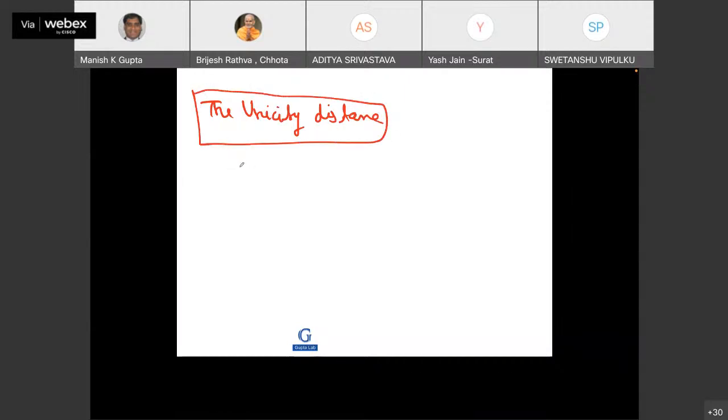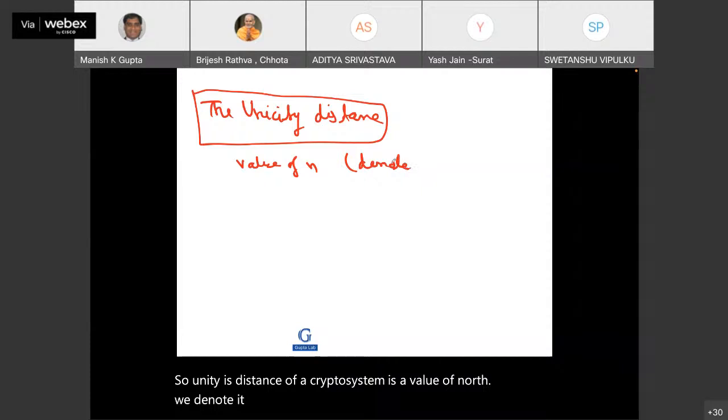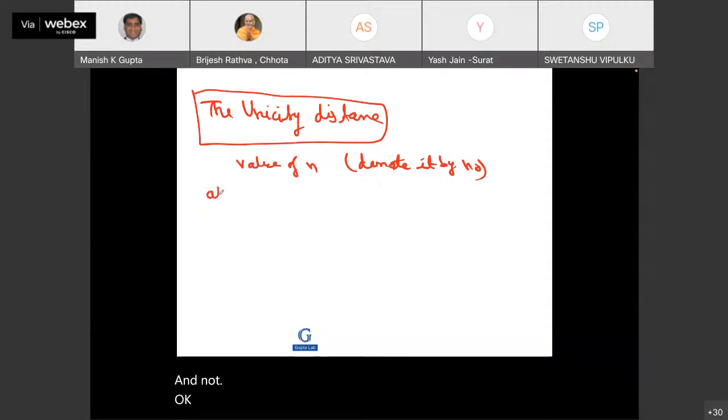The unicity distance of a cryptosystem is the value of n, which we denote by n naught, at which the expected number of spurious keys becomes 0.